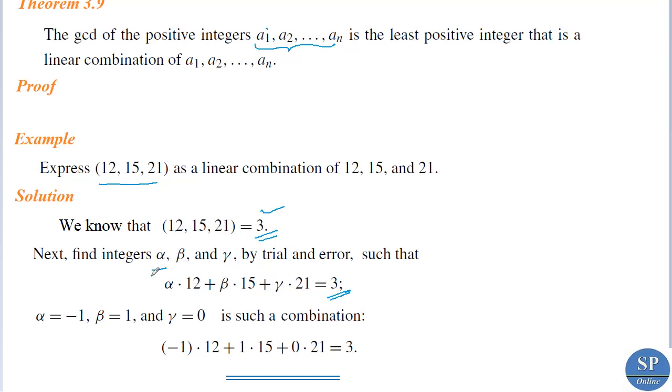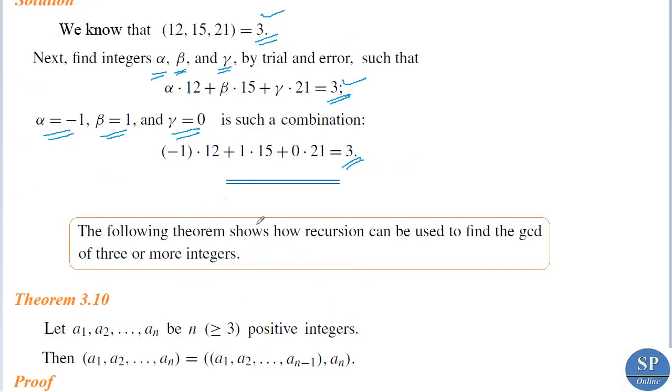So we need to find the integers alpha, beta and gamma such that alpha into 12 plus beta into 15 plus gamma into 21 is equal to 3. By trial and error we get alpha equal to minus 1, beta equal to 1 and gamma equal to 0 is such a combination, because minus 1 into 12 plus 1 into 15 plus 0 into 21 is equal to 3.